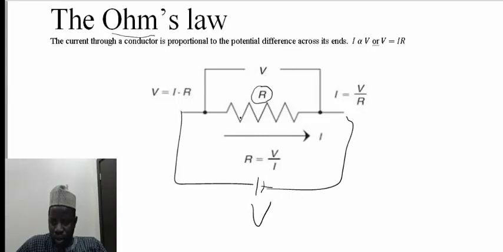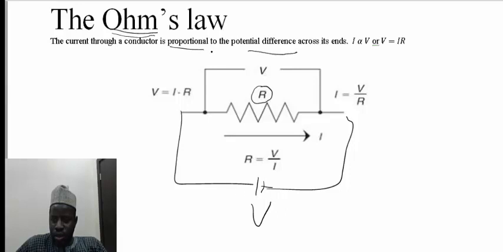So current will flow here. Then the applied potential, the current and the resistance are connected by Ohm's law, which states that the total current you can register with this kind of arrangement is proportional to the potential difference you applied here.